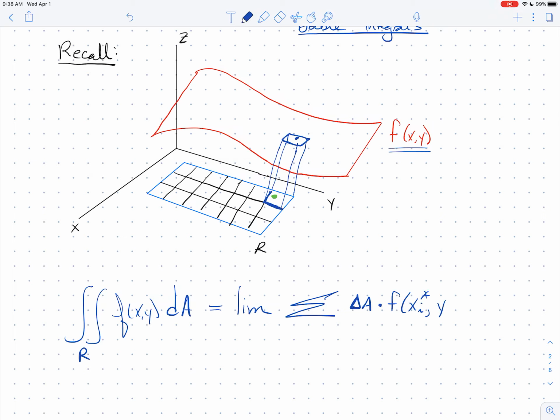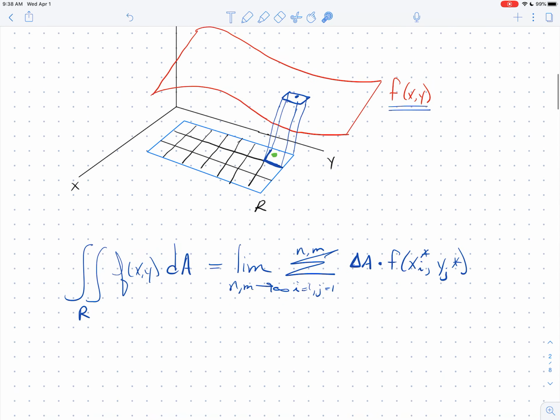We usually wrote xi star, yj star, and then if you index the number of boxes by i and j, let's say i equals 1, j equals 1 to, I don't know, n and m, then we're having n and m shooting off to infinity. So this is quite literally saying take the limit as the number of boxes, little rectangles, goes to infinity, where you're adding up the area of each box times the height of the function.